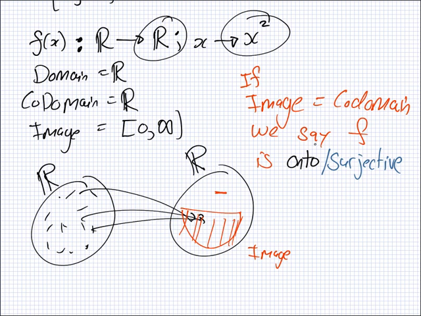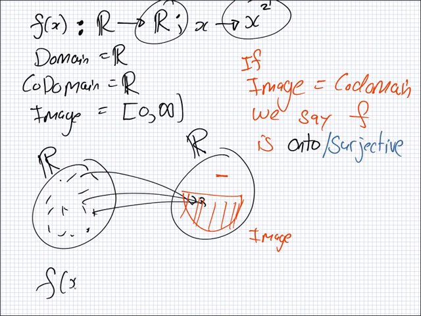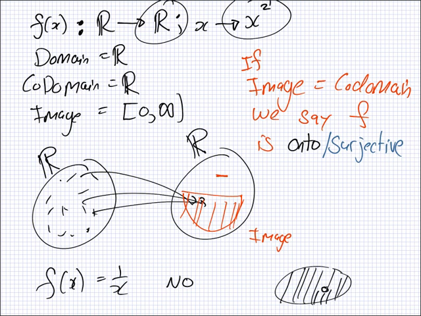Remember last time we said it's onto if the range equals R. This is the reason why: if the image is equal to the codomain, if it fills it up, we say it's onto. This function here, is this onto? No. It nearly fills it up, but it misses one number. What does it miss? 0. This cannot equal 0.